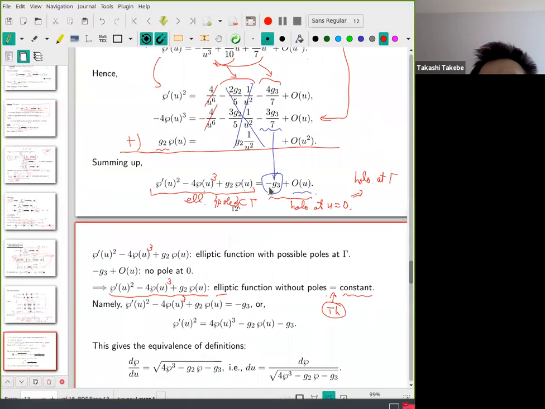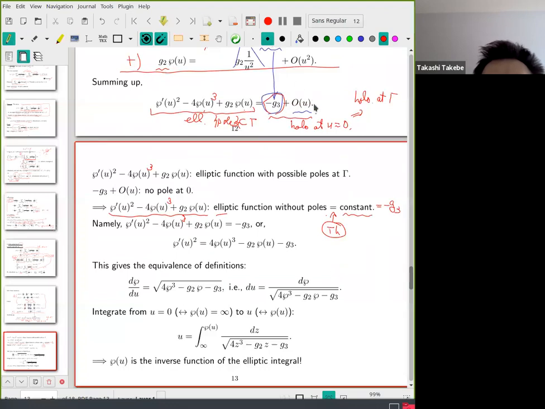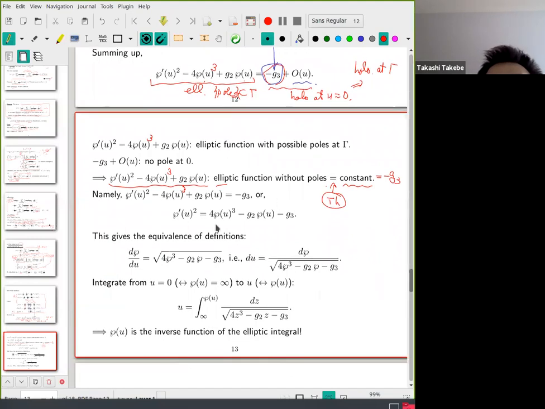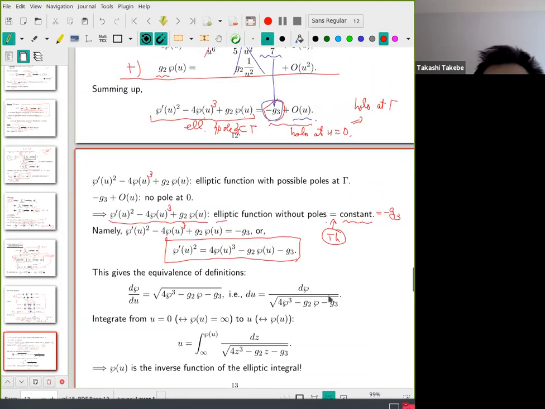And our constant should be this term, because this part becomes 0 at 0. What we obtained is this differential equation for P prime.